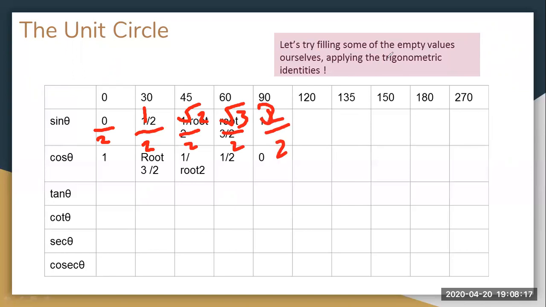And 1 by 2 you can also write as root 1 by 2, and 2 you can write as root 4 by 2, and from there it starts falling back. I'm only telling this so that it is easier for you to remember, because everything is in root and all the denominators are 2, so it's easier to remember in this form. Now let's see what happens to a cosine graph.